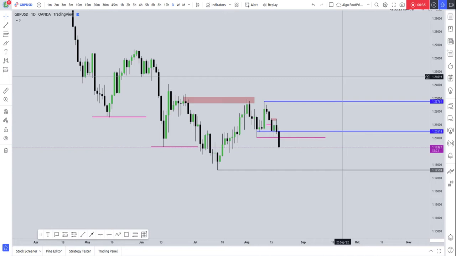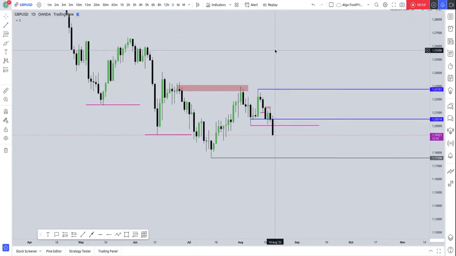Basically, you have to wait until you are able to identify the trend, identify order flow, and see price action in the charts.